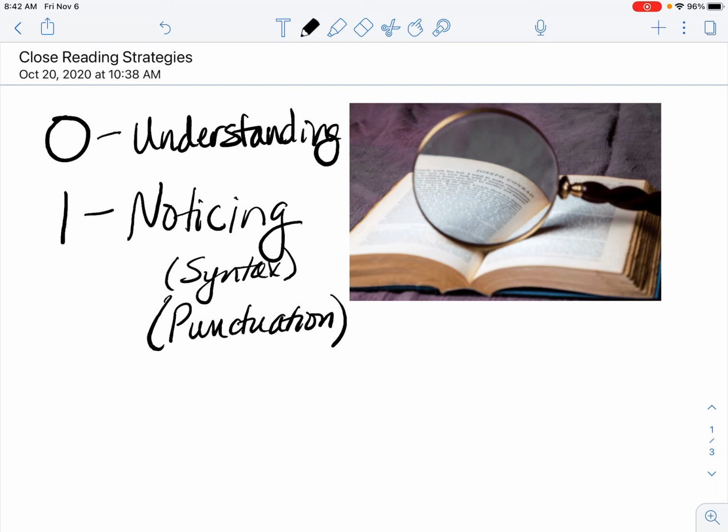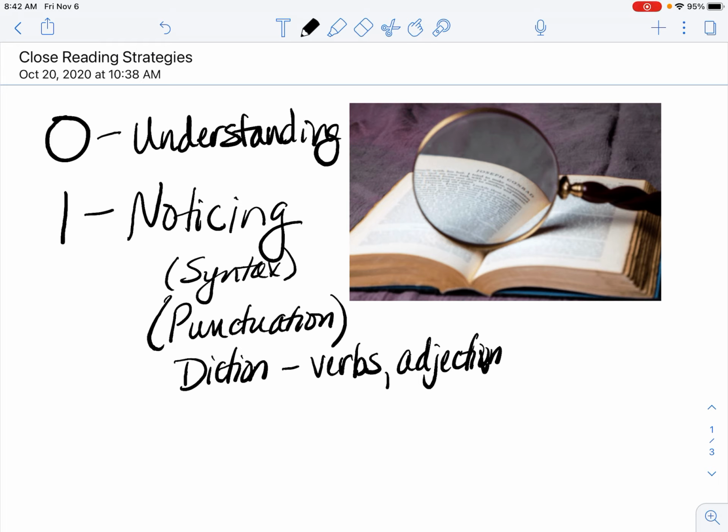What do I notice about diction? How does the author choose words? And this can be kinds of verbs that the author uses, the adjectives, excuse me, I can't spell today, adjective choice, etc.